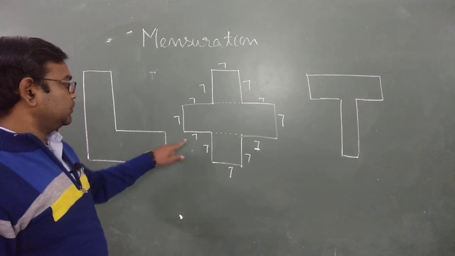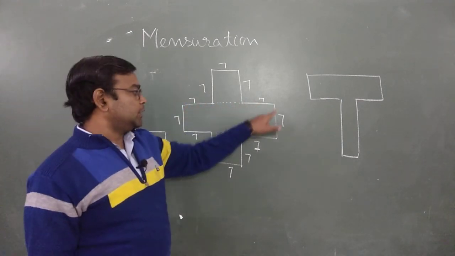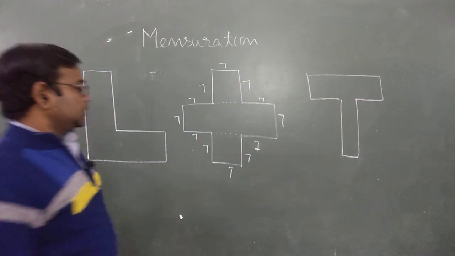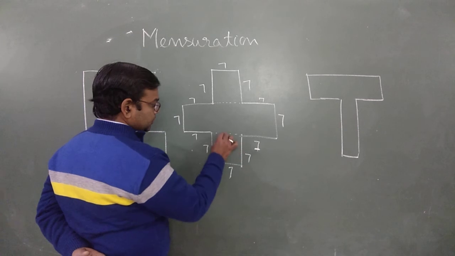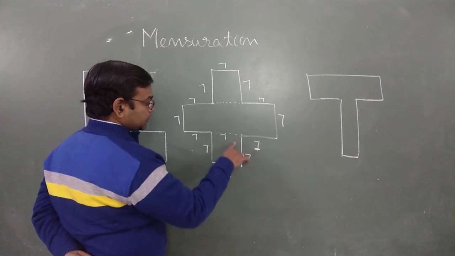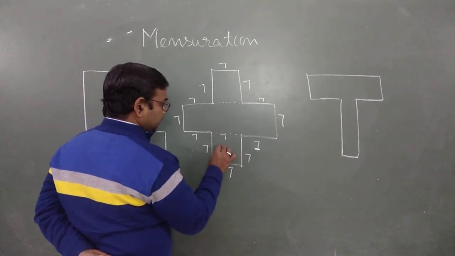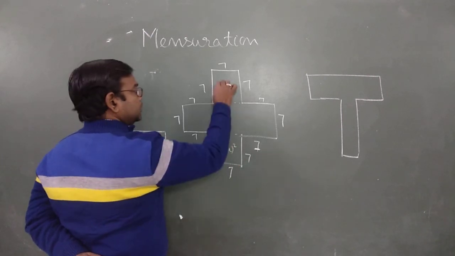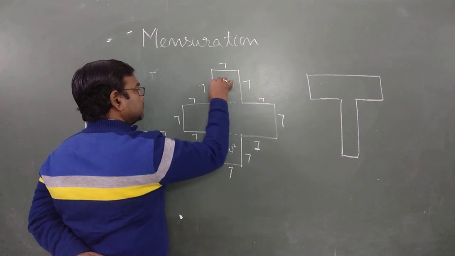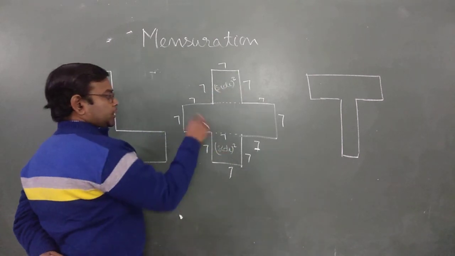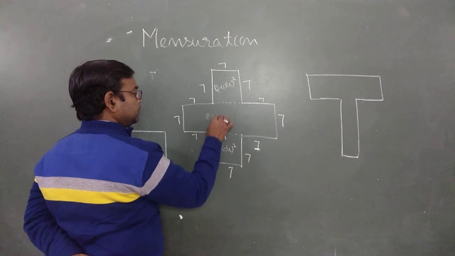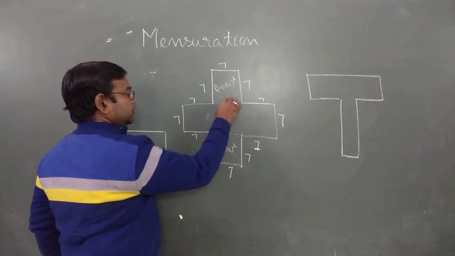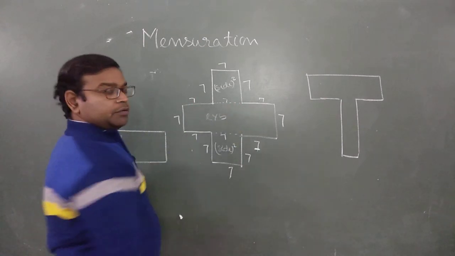If you observe, this is a rectangular part, and this is near about a square part. If this side is 7 meter, this side is also 7, so this is a square. You can easily find the area using the formula side squared. This one is also the same, side squared. Now in this case we can easily find out using the length into breadth formula. Breadth is 7. What is the length? You must add 7 plus 7 plus 7, 21 into 7.